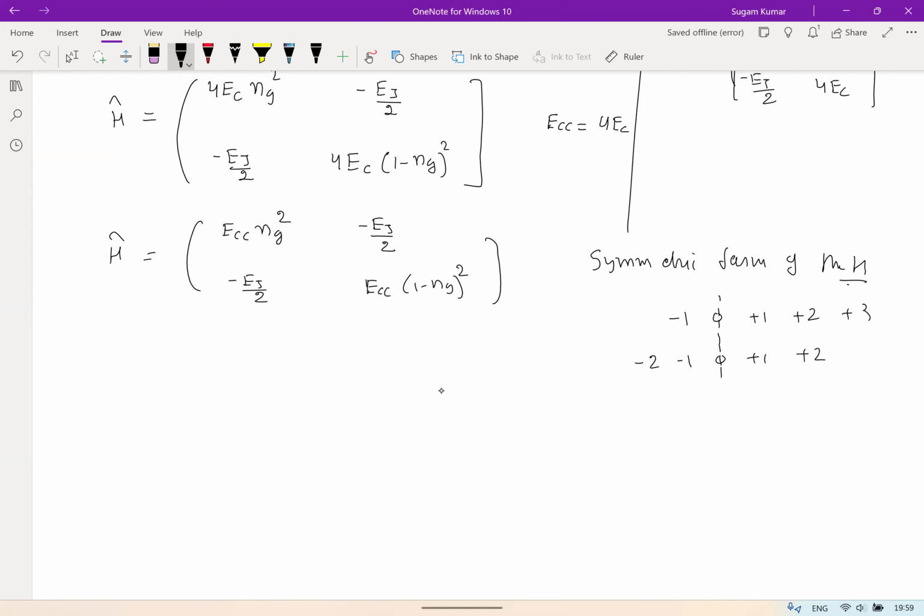So I can make this system symmetric. To make the system symmetric, let's make this term E0 and this term E1. And I can define a term called E average, that is equal to E0 plus E1 by 2.